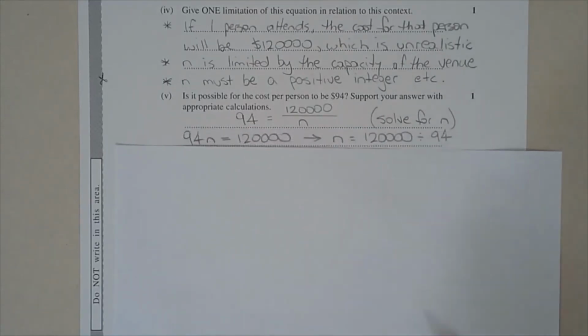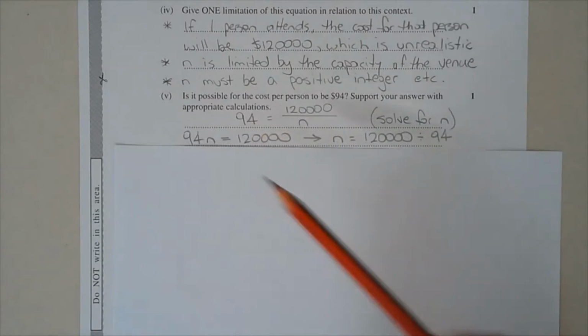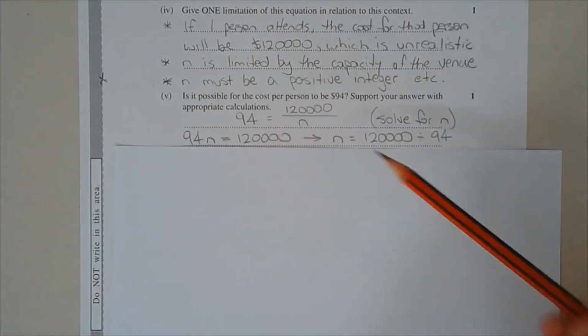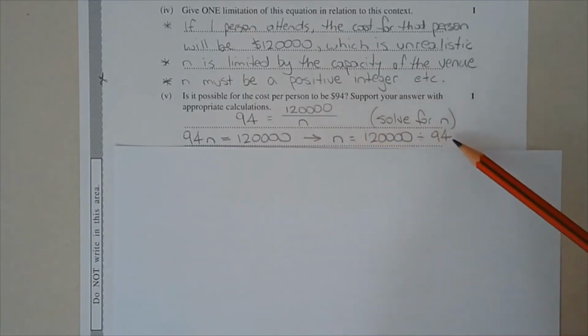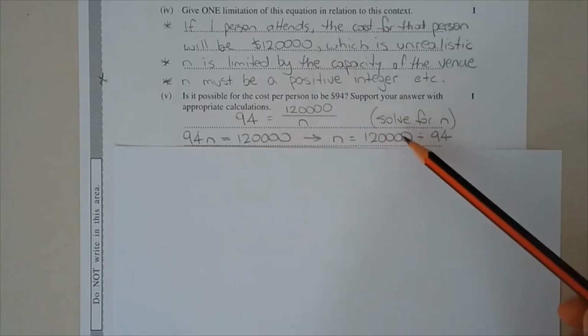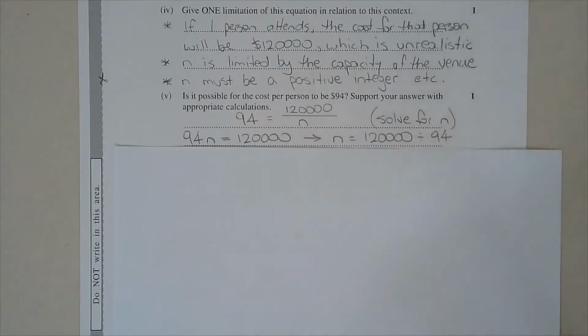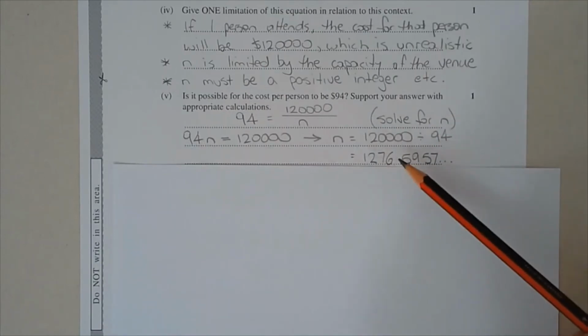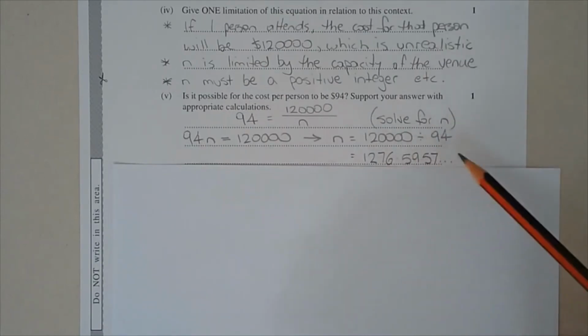So solving for N, if you multiply both sides of the equation by N, we have 94N equals 120,000. And dividing both sides by 94, so to make N the subject of the formula, N equals 120,000 divided by 94. And we get N equals 1,276.5957 and so on. So it's a decimal answer.